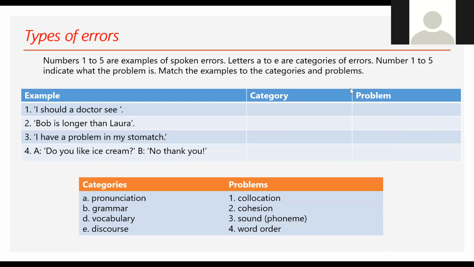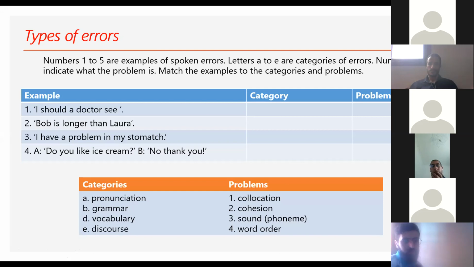The student here doesn't choose the right word. The problem is collocation, cohesion, word order, or sound. Cohesion. You agree or no? Collocation. So let's skip it. There is a confusion here between all of you.